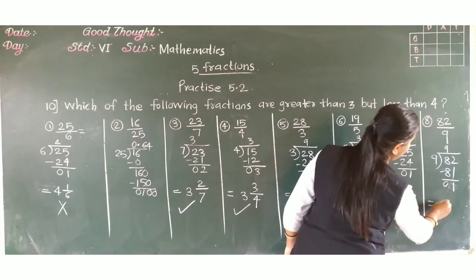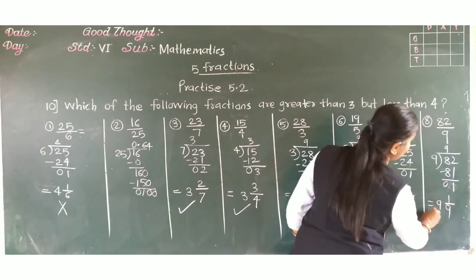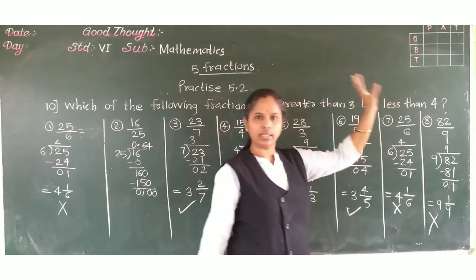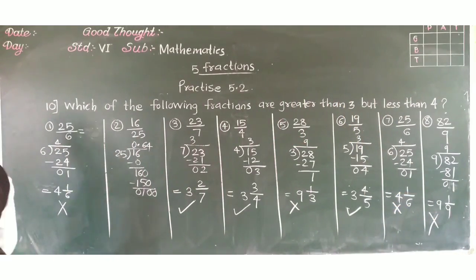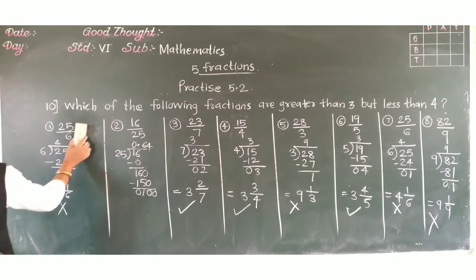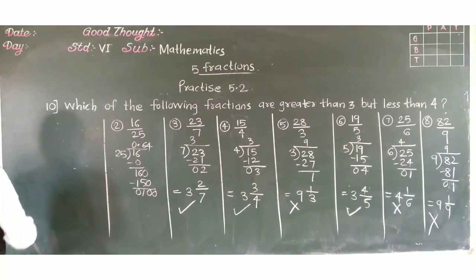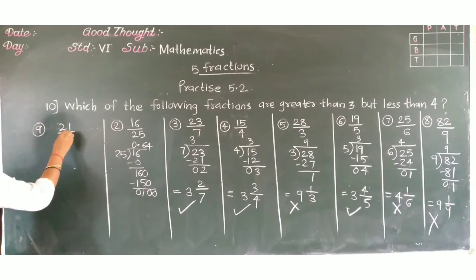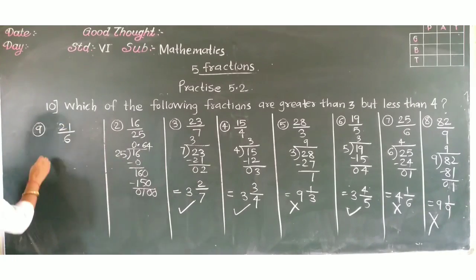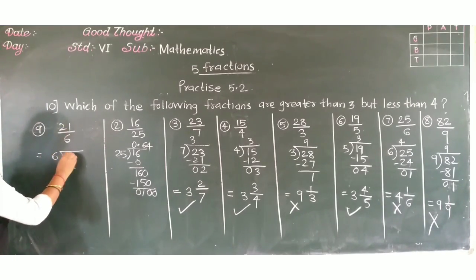That is, how to write, 9 and 1 upon 9. So this also we can't take because it is greater than 4. Correct? Now last one. Last is 21 upon 6. Then the 9th one is 21 upon 6. Okay? So divide it. 21 by 6.